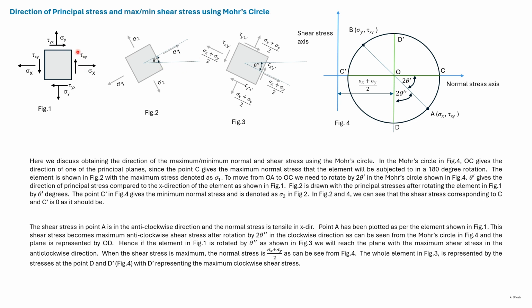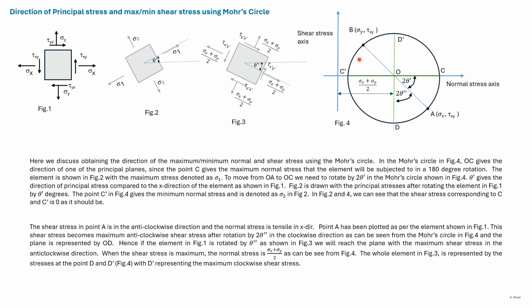So if we rotate this element so that the perpendicular to this face is now at theta dash degrees, then we have reached the plane of maximum principal stress. From the Mohr circle, we can see that at point C, the shear stress is 0. So in this plane, we have the maximum principal stress with 0 shear stress.